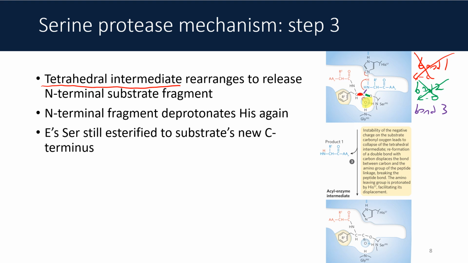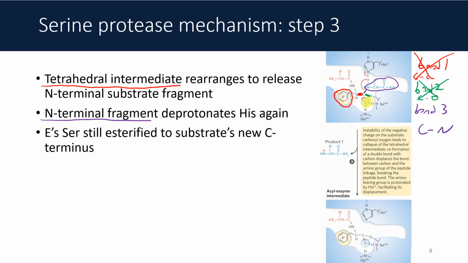If we break the bond between the carbon and nitrogen, well, that is going to have considerable entropic consequences. If you break that purple bond, bond number 3, that is going to liberate this entire N-terminal fragment. It's the C-terminal fragment that's held in our binding pocket over here.